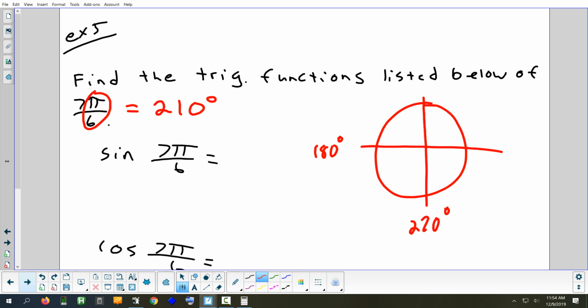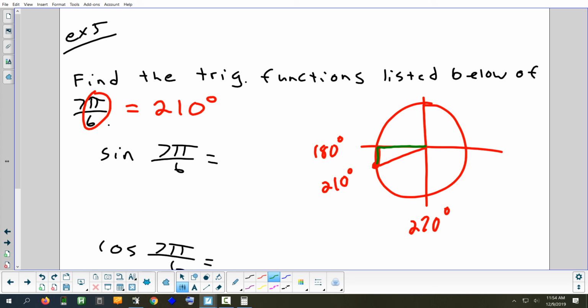Closer to 180. It's right here. There's your triangle. How far past 180 do you have to go to get to 210? 30. So this triangle is the 30, 60, 90.